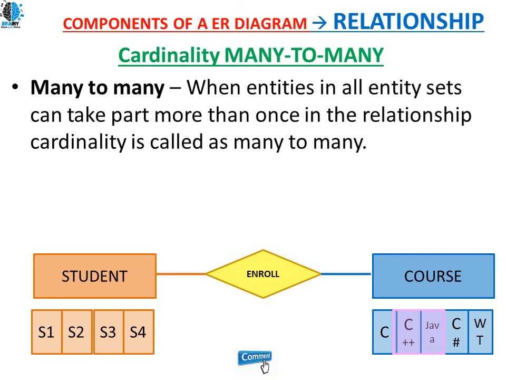So n number of times a student can enroll to different courses, same courses, or a combination of courses. So this type of cardinality relationship is called many to many cardinality relationship.